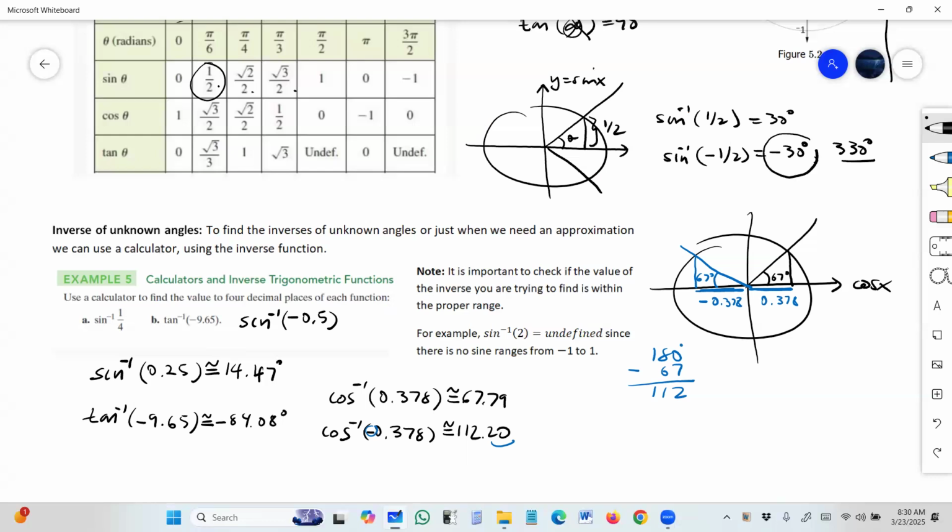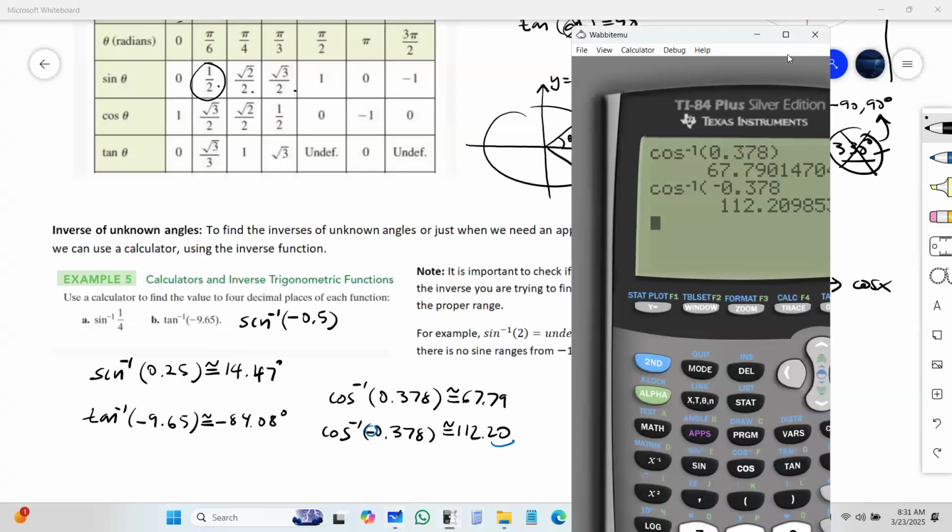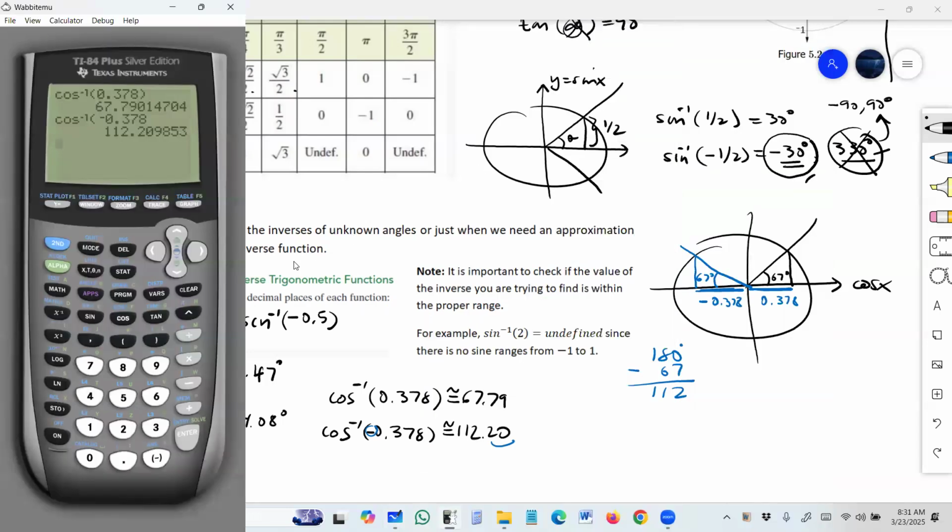Now, the answer we need is this, because the domain of sine inverse is from negative 90 to 90. This number is not in here. So we have to answer minus 30. I'm not quite sure if the calculator is going to say 330 or minus 30, so we are expecting minus 30. Let's see what the calculator does. That way, when you take the exam, it will be okay. So second sine inverse minus 0.5.